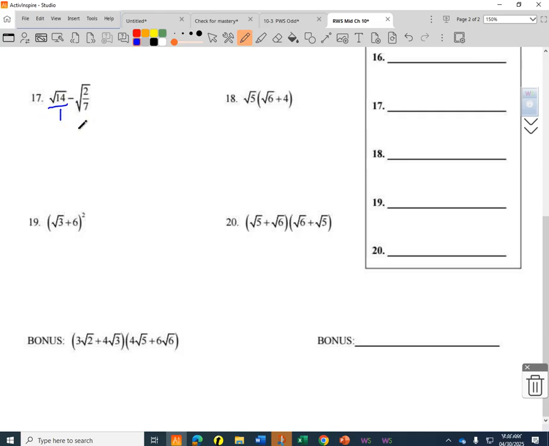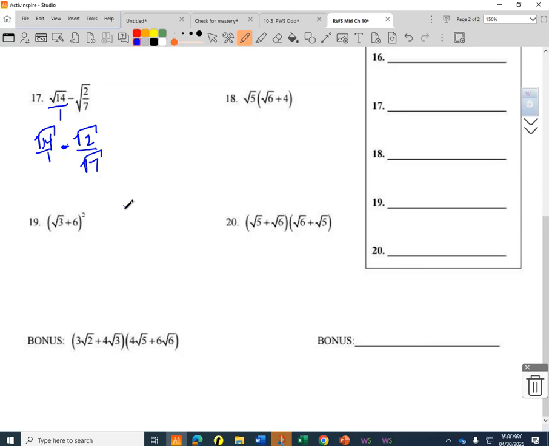14 over 1. Would everybody agree with that? We can rewrite this as the square root of 14 over 1 minus the square root of 2 over the square root of 7. I'm going to do this completely different than I did in first period, I think.